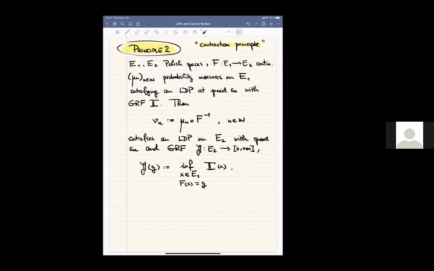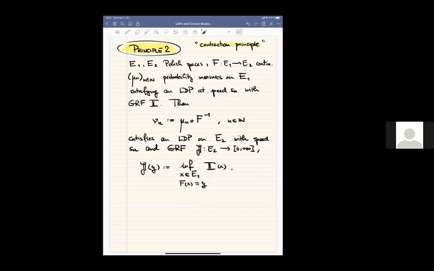Let's say we have two Polish spaces and a continuous mapping f between these two Polish spaces. Then if mu n is a sequence of probability measures on your Polish space E1, satisfying an LDP at a certain speed Sn with a good rate function I, then you can transform this measure.